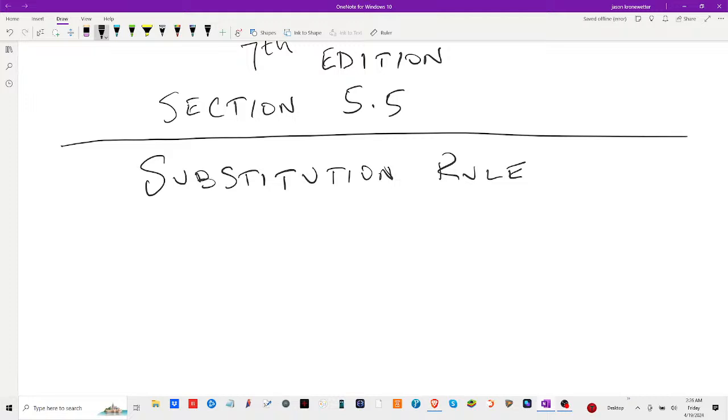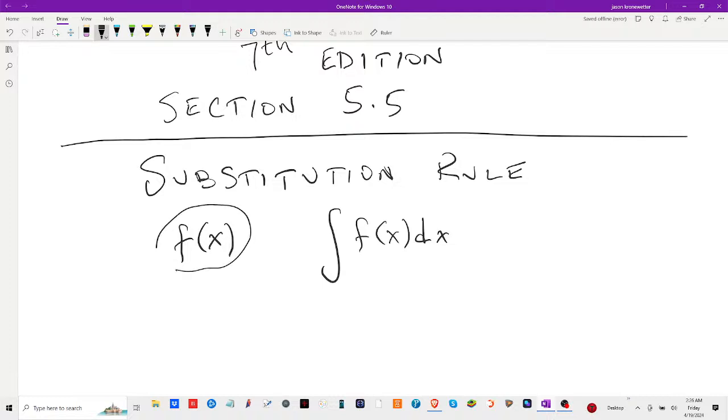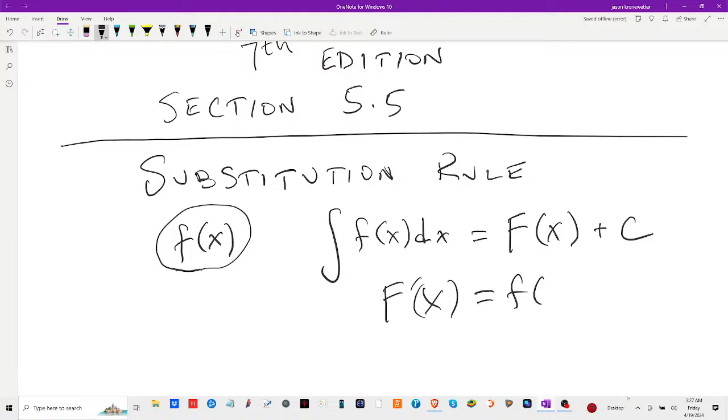So here's the idea: we start off with a function, f of x, and the symbolism that we use is a big S, for summation, of this function. So it's a new function. If you took the derivative of it, you would get back to the original little f of x.